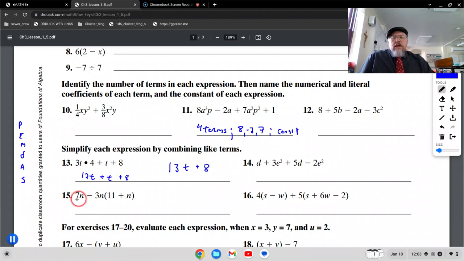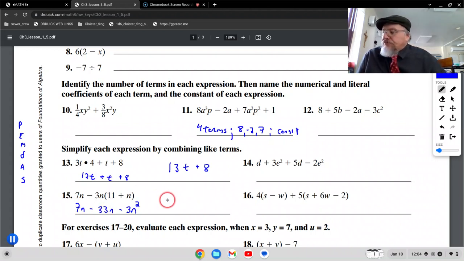How about this one? PEMDAS, we multiply first. You can't combine these even though they're in the parentheses. Why? They're different terms. So you're going to make this 7n minus 33n, and put this over minus 3n. N times n makes that n squared. So 7n and 33n, that's going to make what? 26n, right?